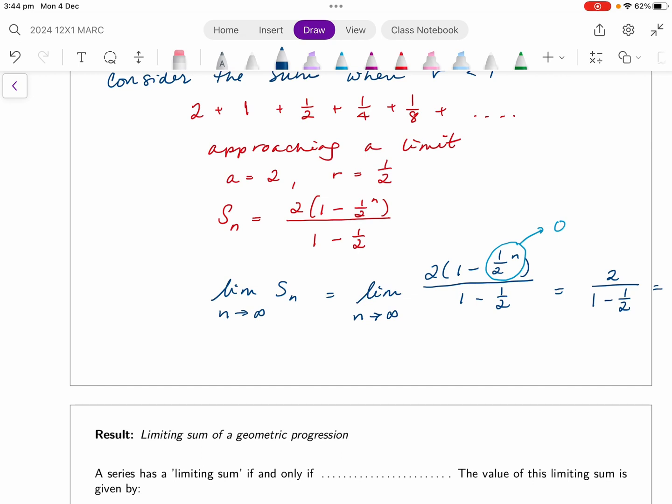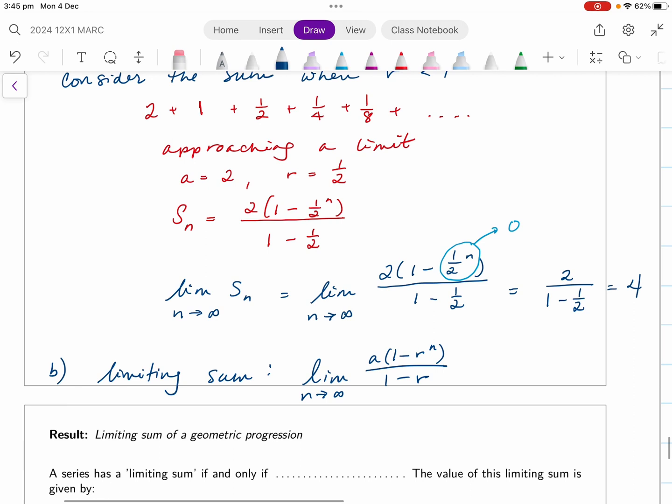So find the value of the limiting sum if we generalize this. So B is saying find the value of the limiting sum. So limiting sum implies that we're finding the limit as n approaches infinity of, let's generalize that formula, a times 1 minus r to the n, on 1 minus r, assuming the absolute value of r is less than 1.